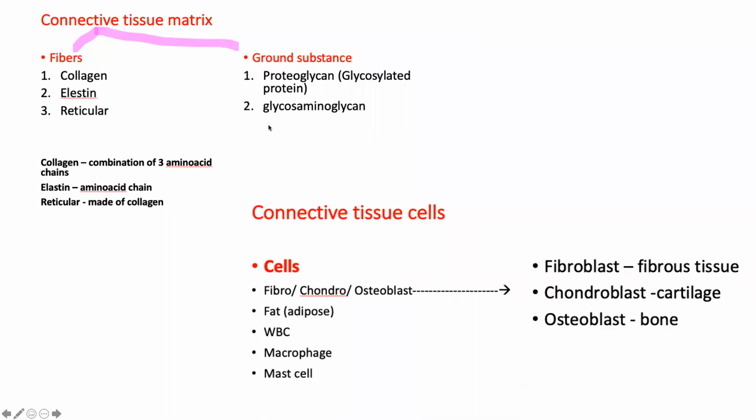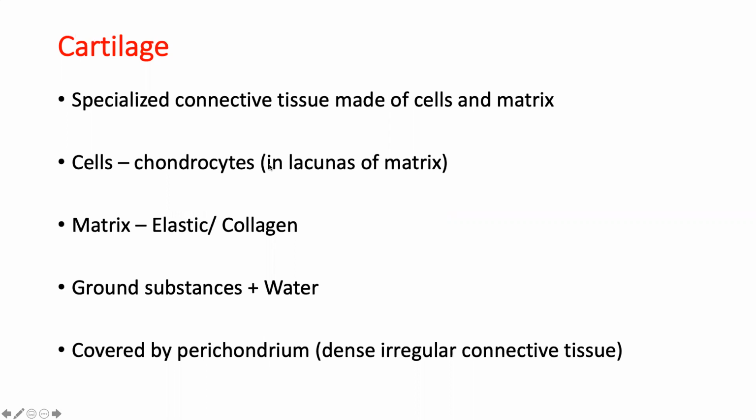So why do we need these glycosaminoglycans or proteoglycans? They attract water, and cartilages need lots of water. They also fill the gap in between the collagen fibers and the cells. So now we know that cartilage is a specialized connective tissue, which is made of cells. If we want cartilage, we will use chondrocytes.